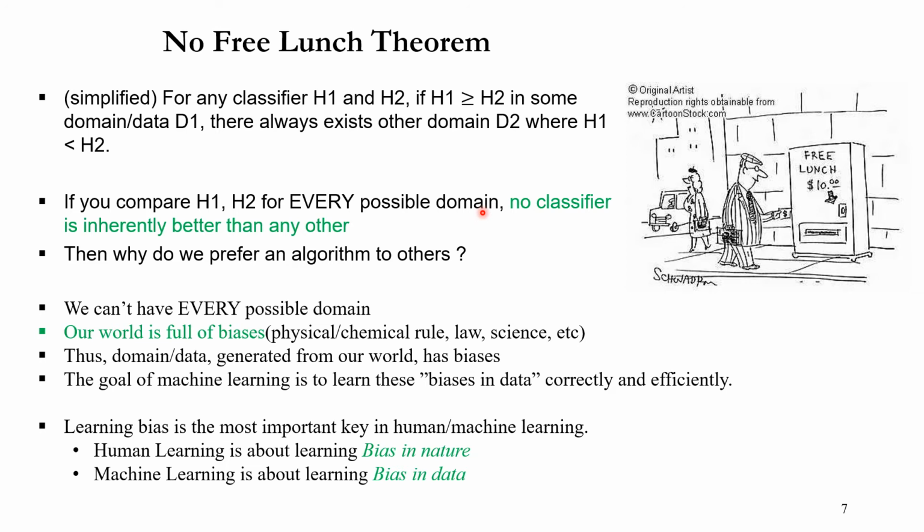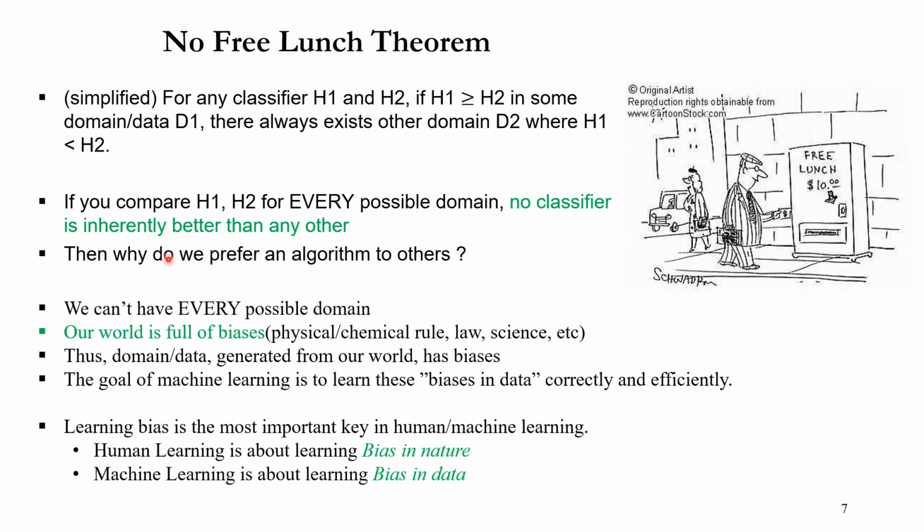These two classifiers are equivalent. So in your world, no classifier is inherently better than the other. That's the no free lunch theorem. If you have every possible data, two classifiers are the same.